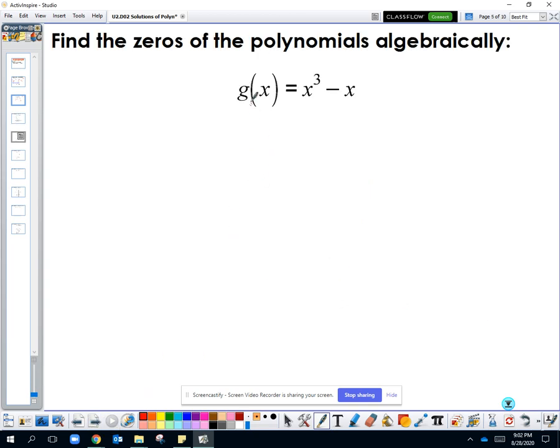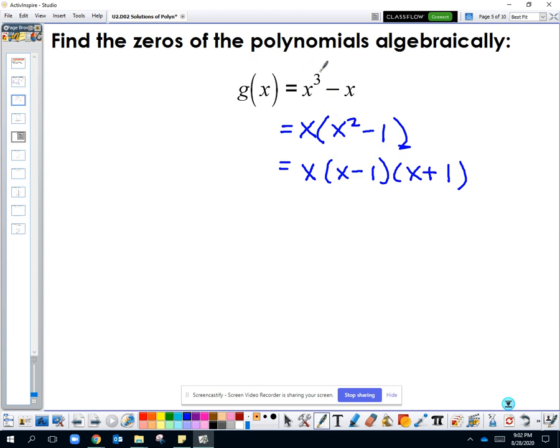The second method we can use when we're factoring would be factoring by looking at a GCF. The greatest common factor here of the two terms is x. So pulling out the greatest common factor x, I'm left with x squared minus just 1 if I divide an x out of -x. And then I'm not completely factored yet because this will factor as a difference of squares into x minus 1 as well as x plus 1.